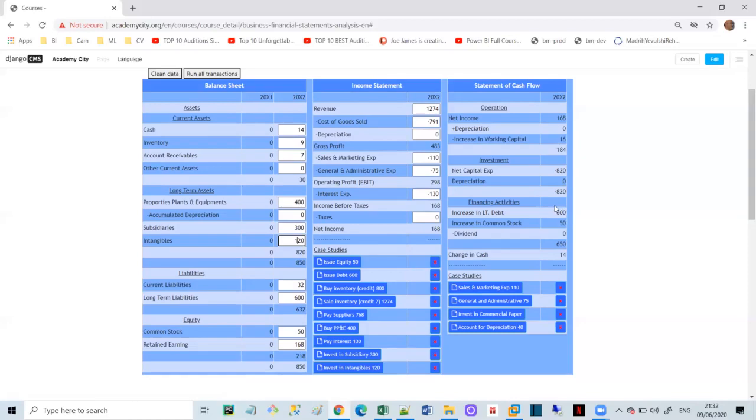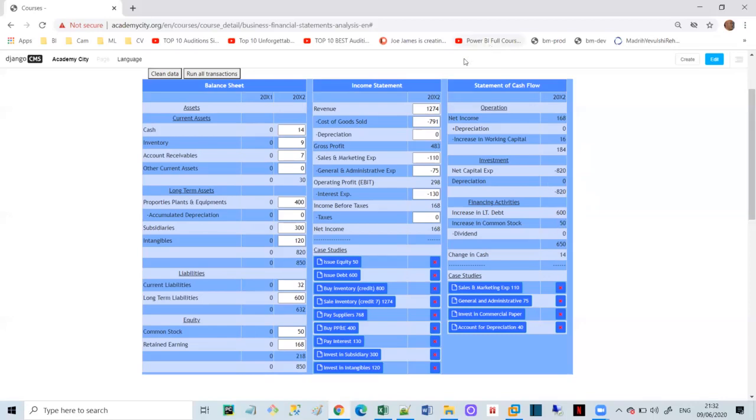We had to use some of the money we raised by taking a loan and by issuing stock. The money we raised here plus the profit we made allowed us to invest 820, and whatever is left is cash in the company. Very little. Most of the profit and whatever we raised, we used to buy long-term assets.